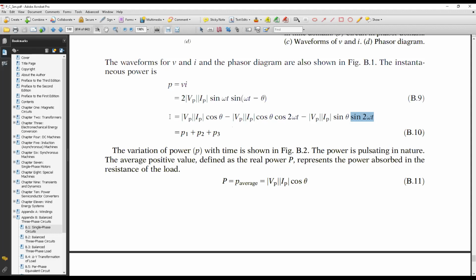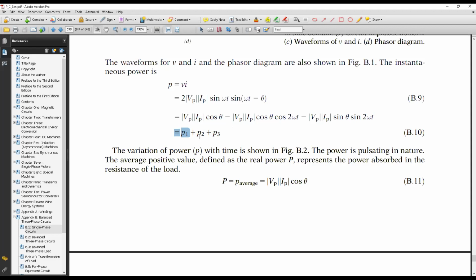If you take the average of this relation for the three terms, the average will be only the part which is not a function of omega t. So this is P1, the average value of the instantaneous waveform.